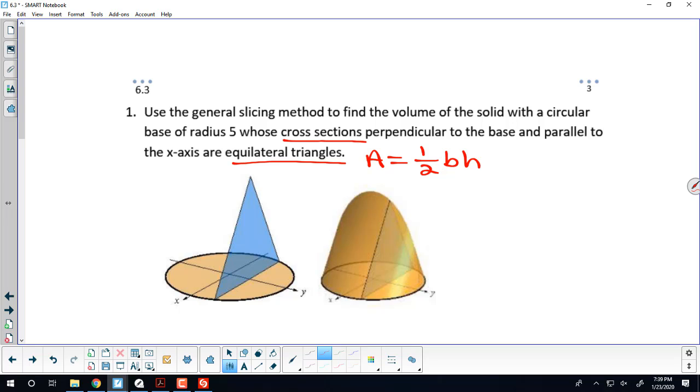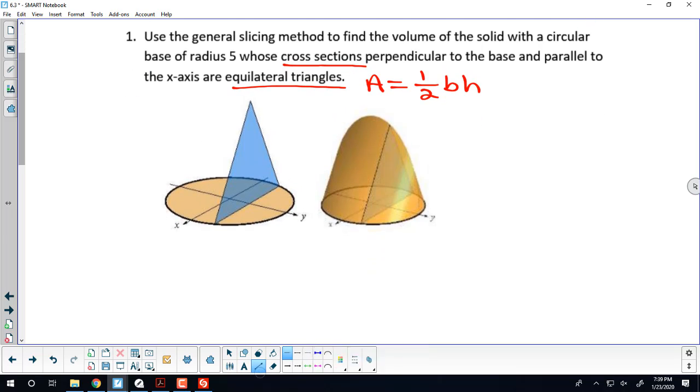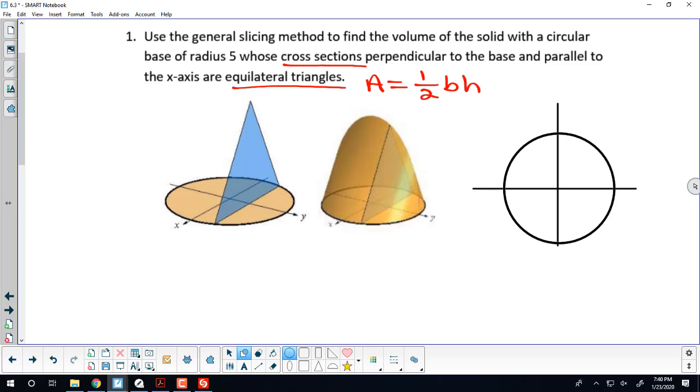So the way this problem is set up for us, what are we integrating with respect to, x or y? It's kind of skewed here, right? With respect to y. It says the cross sections are perpendicular to the base and they're parallel to the x-axis. So here's our x-axis. Our cross sections are running in that direction.